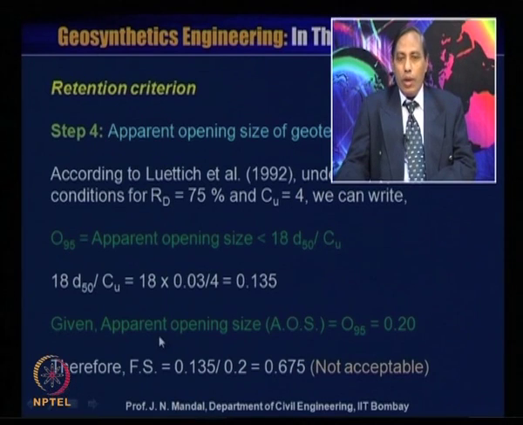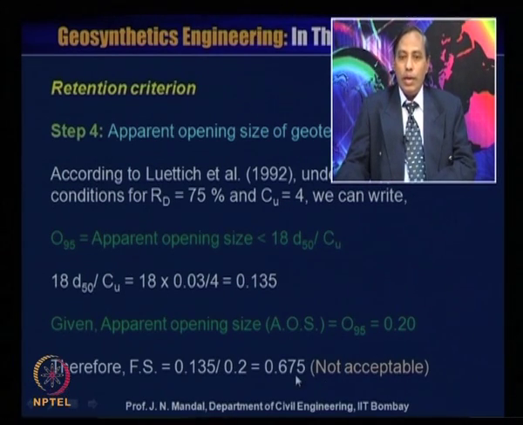Now, the given apparent opening size of the geotextile, O95, is 0.20. Therefore, the factor of safety is 0.135 by 0.2, which is 0.675.